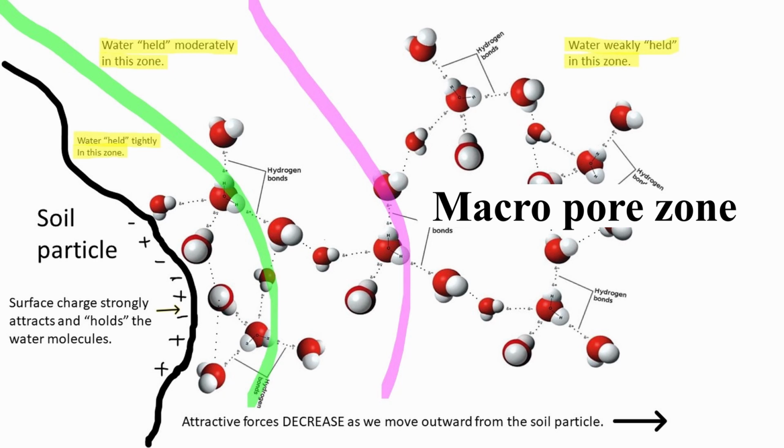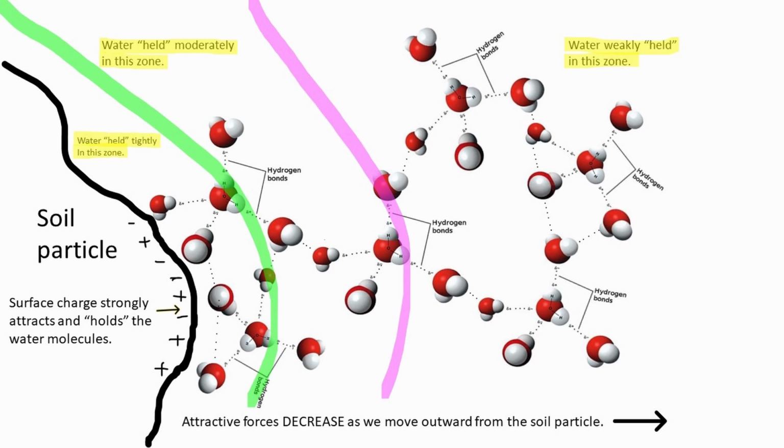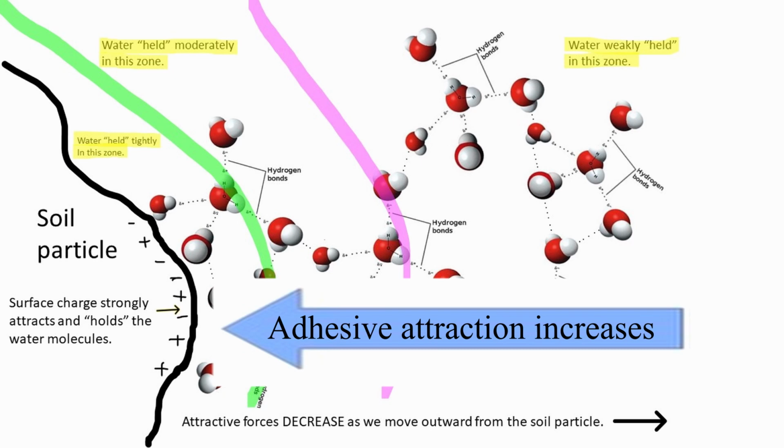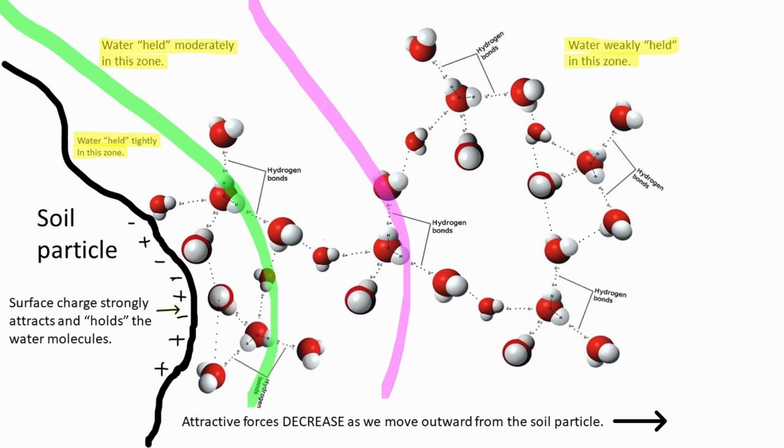You've got the cohesion of the water molecules in that macropore, and then as you get closer to that particle grain in the soil, you start having this adhesion, this molecular attraction of the water molecules to the surface of that particle. And these forces are much stronger than the cohesive forces out in the middle of that macropore.